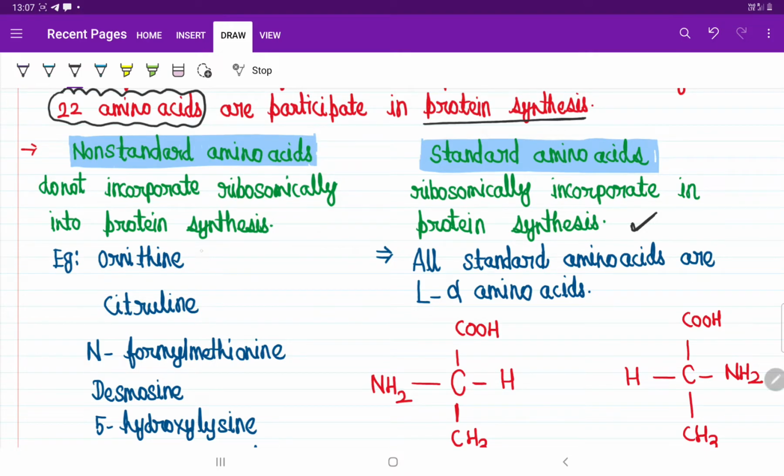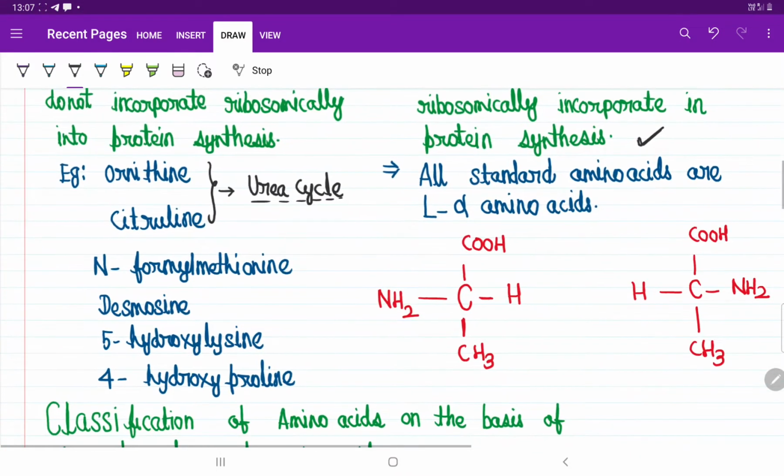Like these two amino acids, ornithine and citrulline. They have an amino group and a carboxylic acid group also, but they are not added during protein synthesis. Actually, ornithine and citrulline are intermediates of the urea cycle. During urea formation in our liver cells, ornithine and citrulline form.